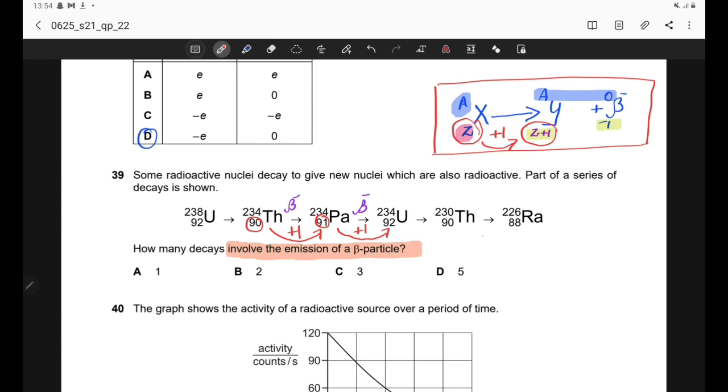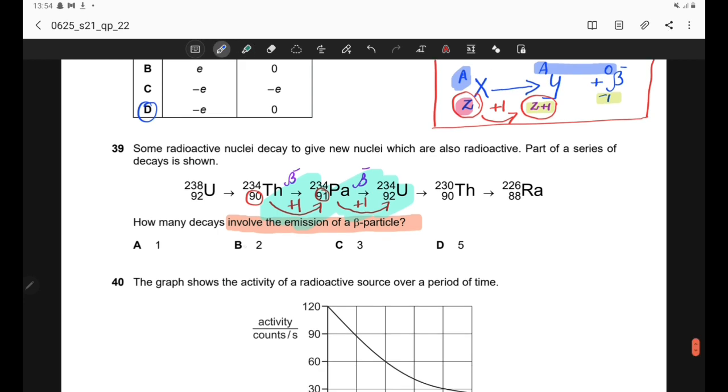Likewise, the final decay goes from 90 to 88, so it's minus 2. Again it has not undergone a beta decay. So beta decay has occurred during these two decays. The total number of beta decays is 2.